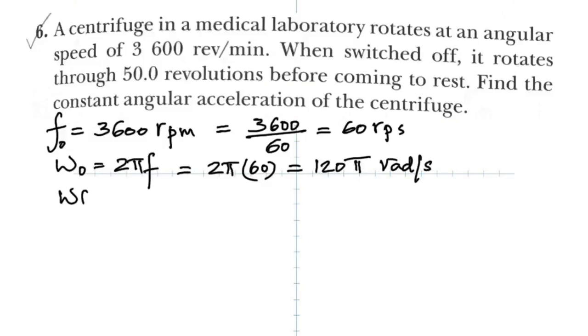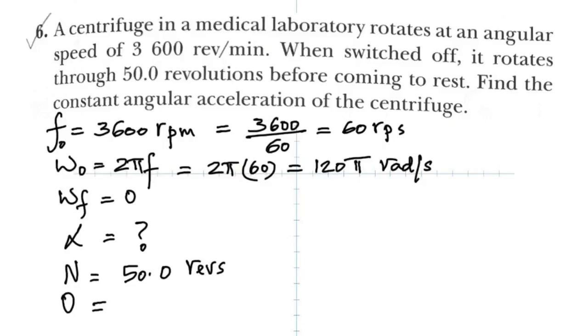And it makes 50 revolutions. Now 50 revolutions is 50 times 2 pi radians, because each revolution is 2 pi radians. That gives us 100 pi as theta.